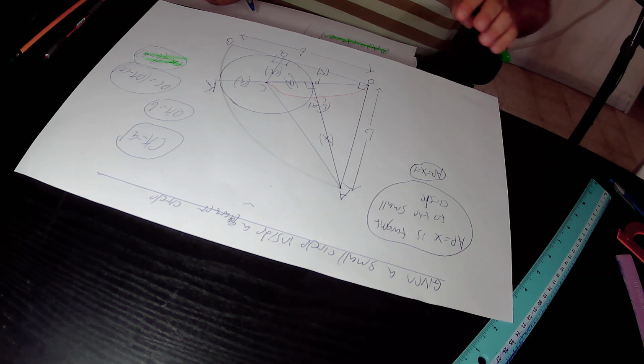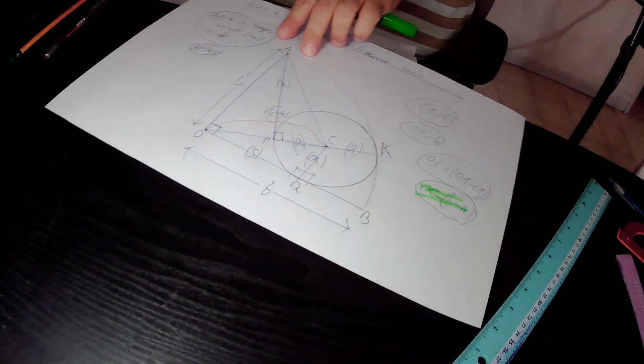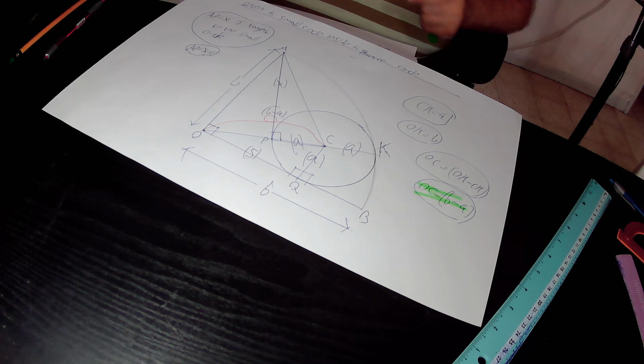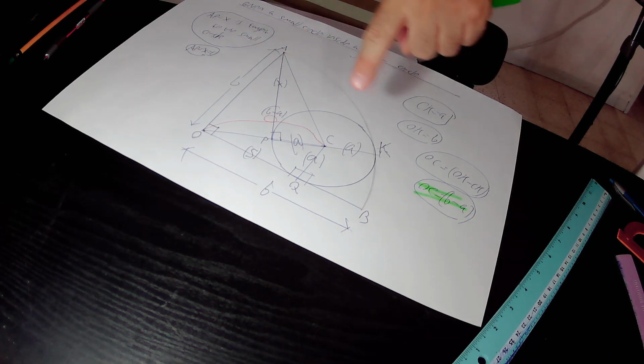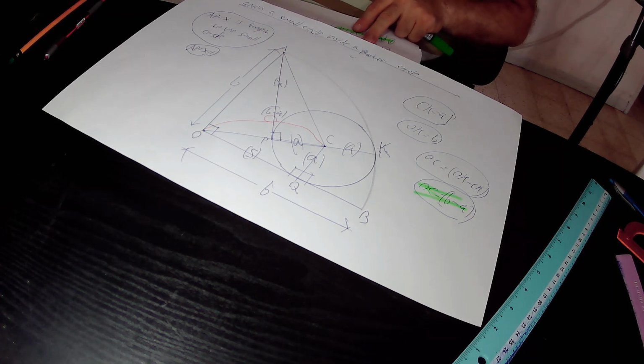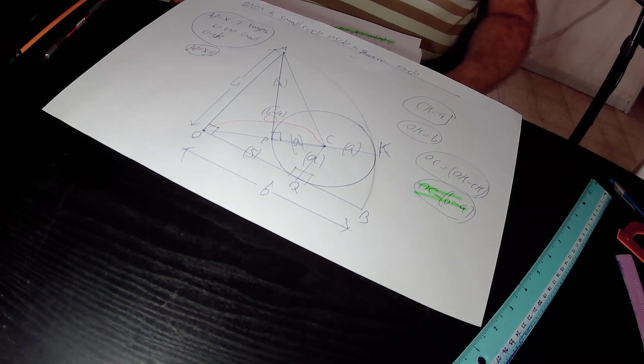So in the next step, I'll copy the right triangle OCQ in a new page and we'll implement the Pythagoras theorem on this right triangle OCQ. Here PT is the abbreviation for Pythagoras theorem.